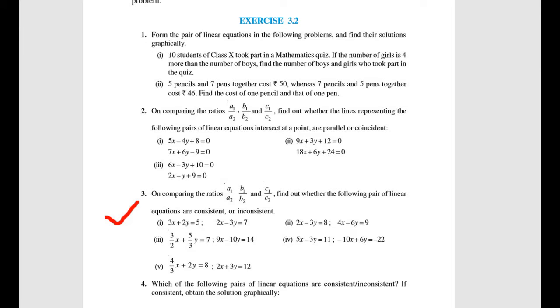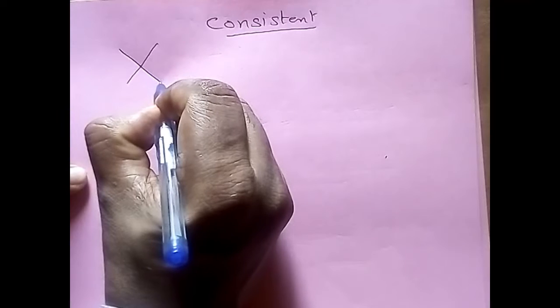Now coming to the third question, on comparing the ratios A1 by A2, B1 by B2, C1 by C2, find out whether the following pair of linear equations are consistent or inconsistent. When we say that the pair is consistent, we know that two lines can intersect in three different ways.